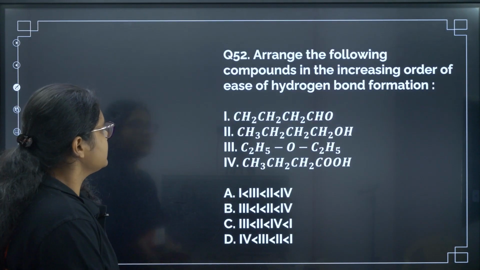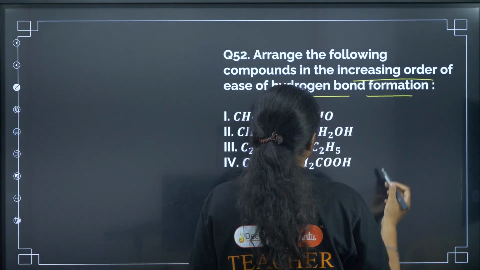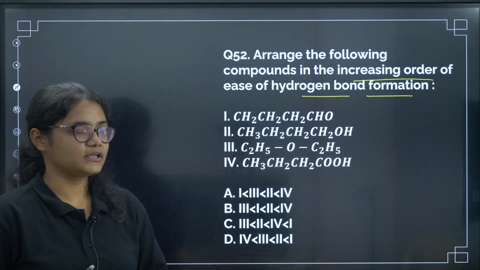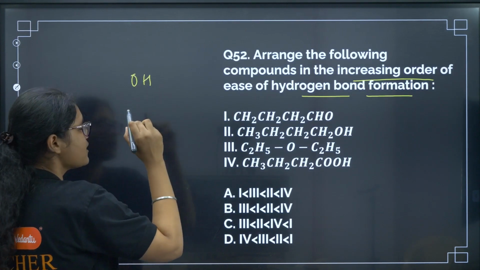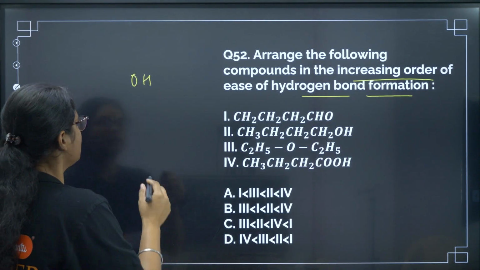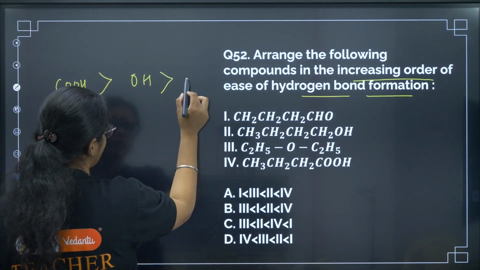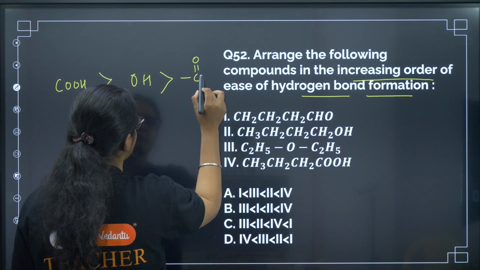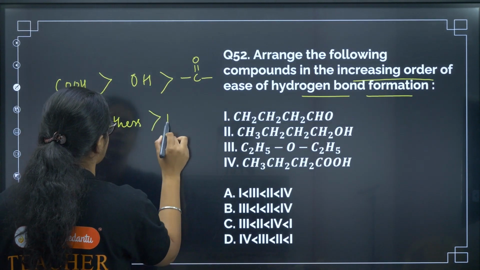Next, arrange the following compounds in the increasing order of the ease of hydrogen bond formation. Hydrogen bond formation depends, as we have discussed, on the functional group. First is the COOH group, then the alcohol group, then carbonyl compounds, then ethers, and then hydrocarbons.